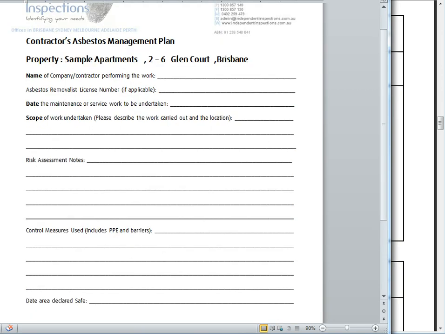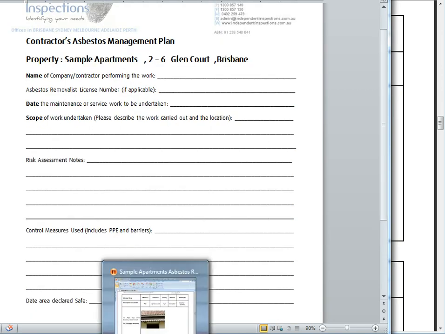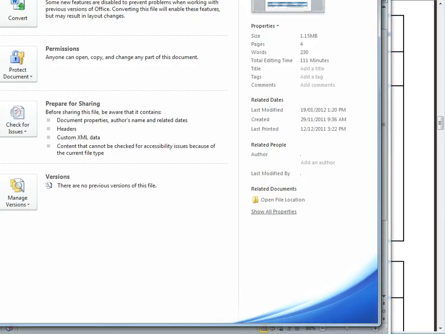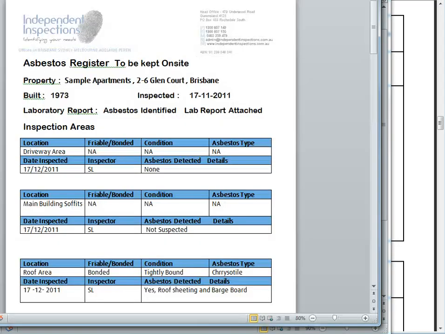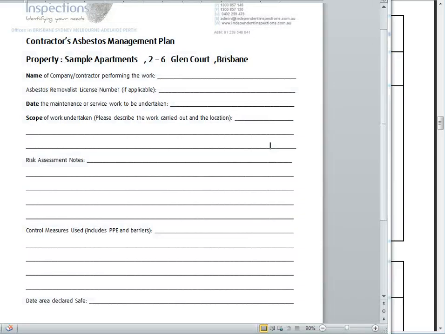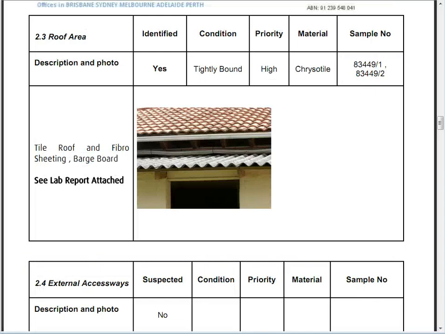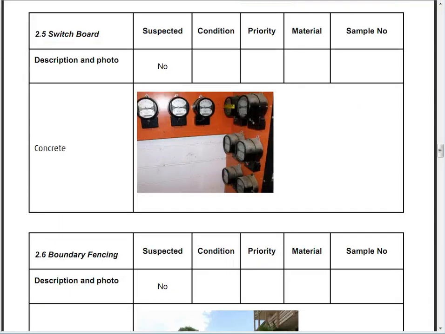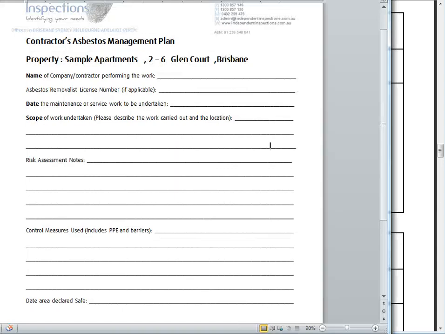Also there is another document in here as well. Asbestos register, okay. Alright, so whatever part of the building, so we're looking at that there.